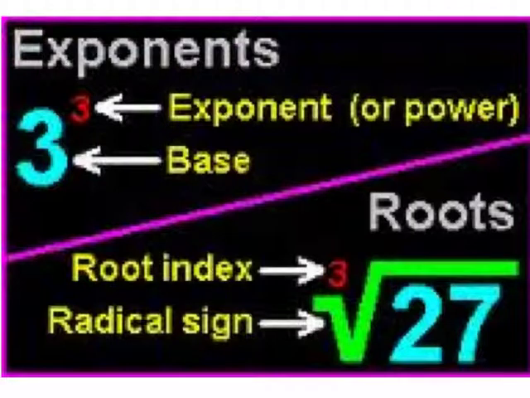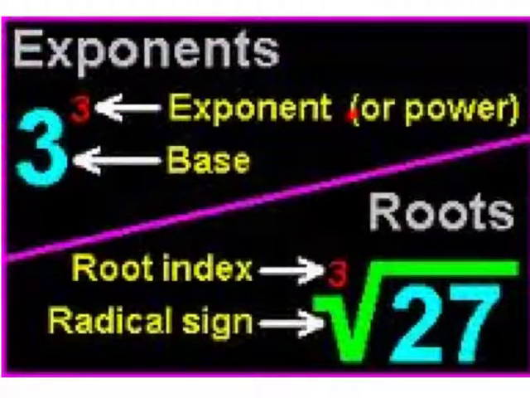Alright, so if you have a number and then this other tiny little number up to the right-hand side, top corner of it, this one is called the base. This one is our exponent, and we refer to that a lot of times as the power.